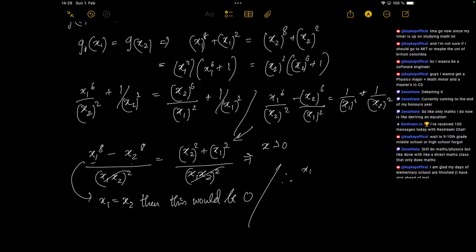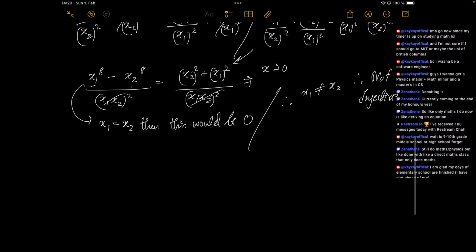Therefore, x1 not equal to x2, therefore not injective. That's what I think it is. I don't know. If it's not injective, I don't know, surjective.